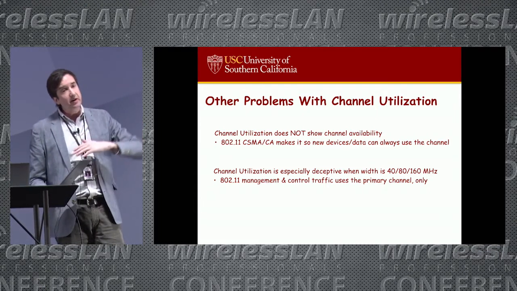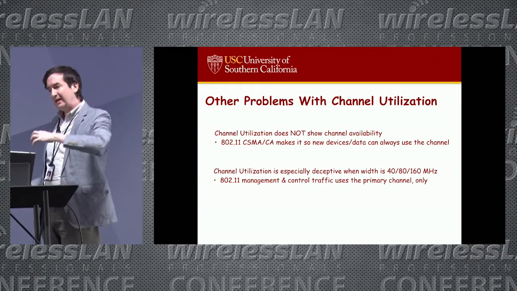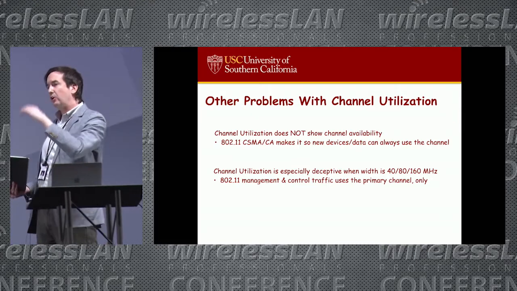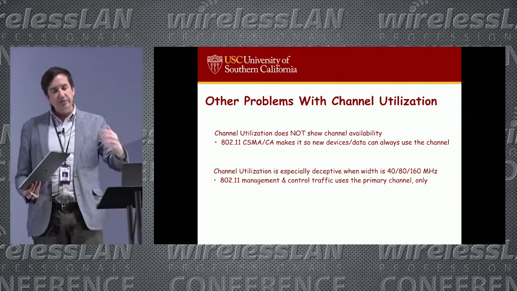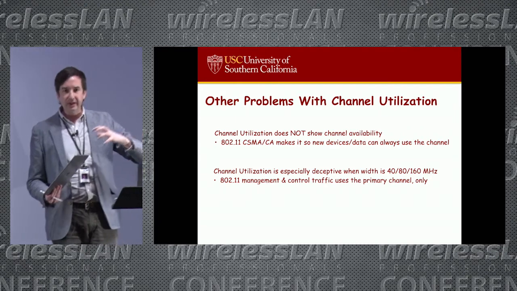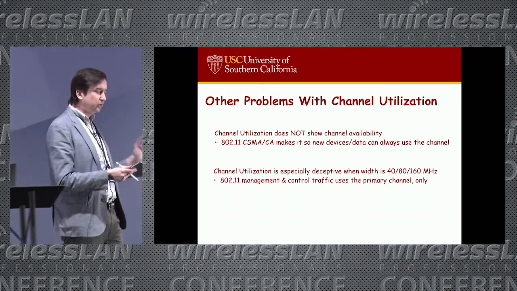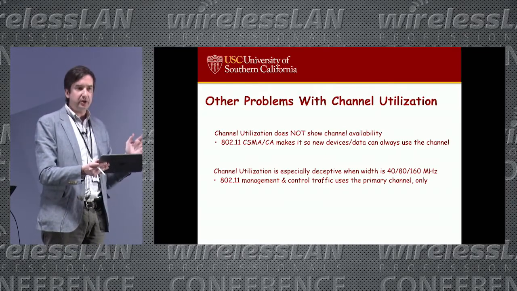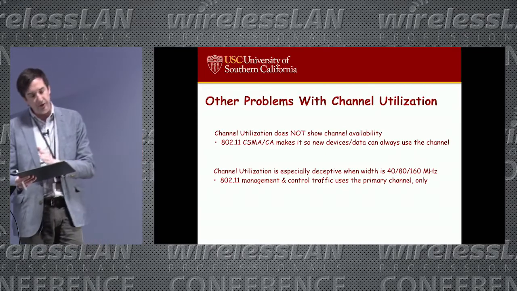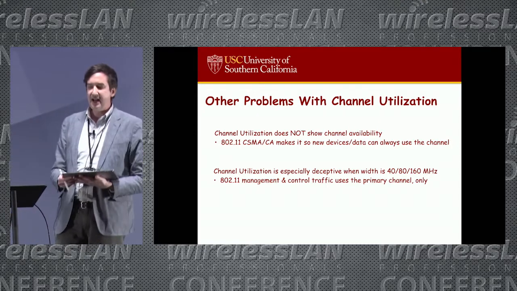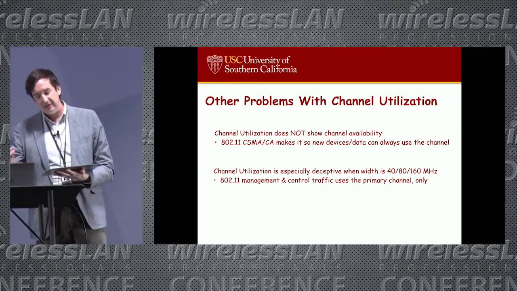So even if I have very high utilization, even if there's a lot of data going across the channel, a new device is still going to have an opportunity to access the channel. So it doesn't necessarily mean that a high channel utilization channel is a problem, or a low channel utilization channel is not a problem. That's another issue with channel utilization.